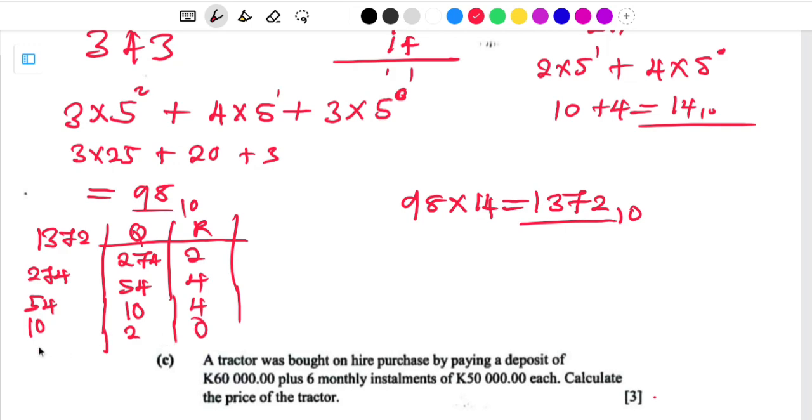Lastly, I'm going to write 2. Then 5 into 2.